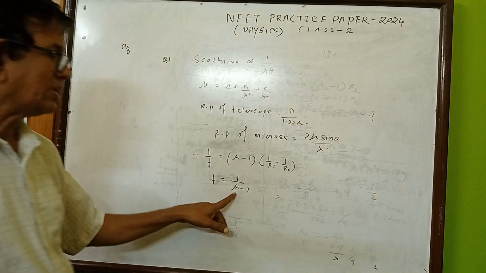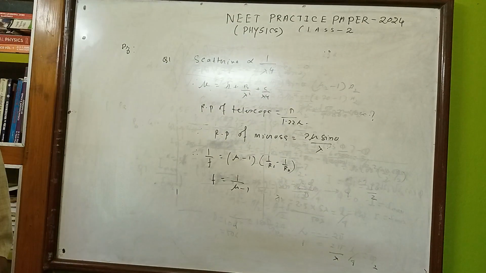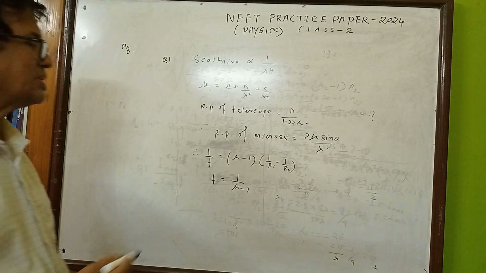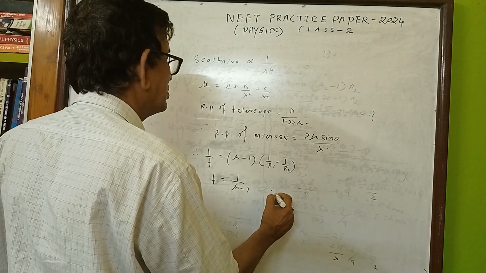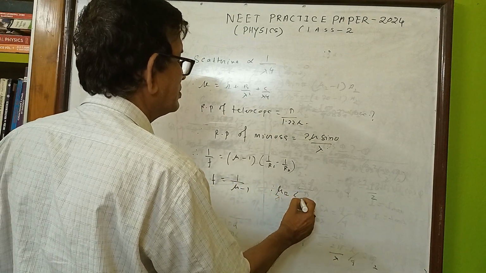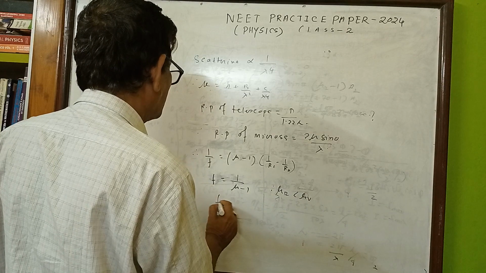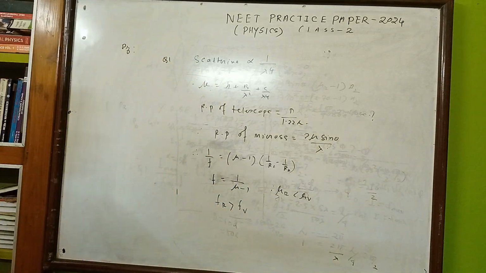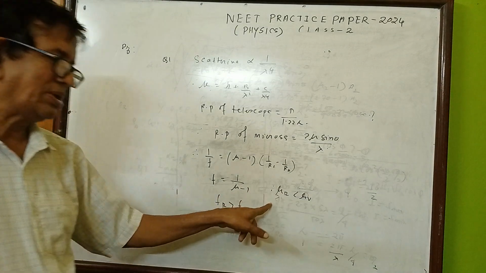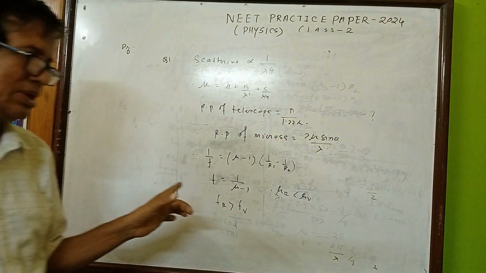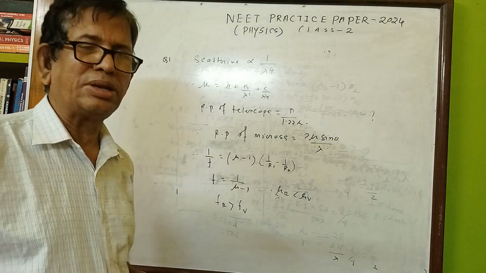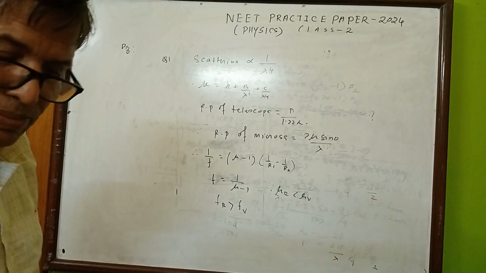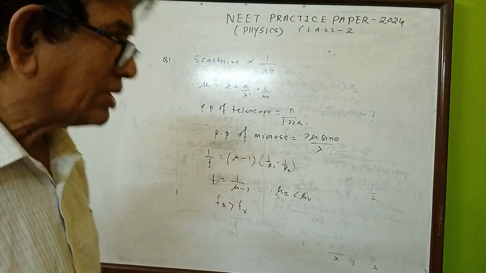So mu depends on lambda, so focal length also depends on the color of the light. In this case mu red is less than mu violet, so F red is greater than F violet. So from this equation you can say that the focal length of any lens depends on the color of the light used.